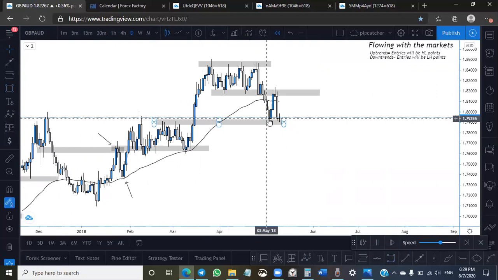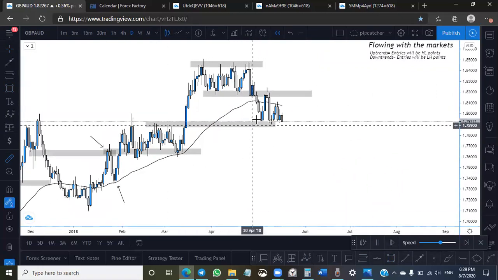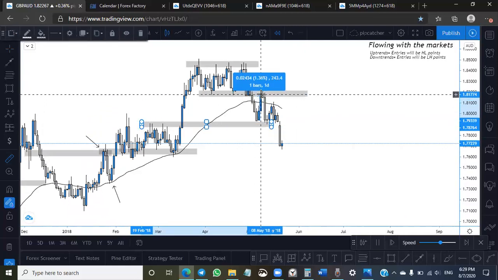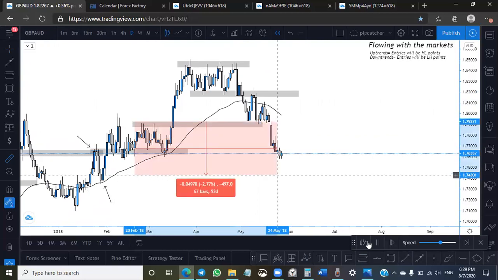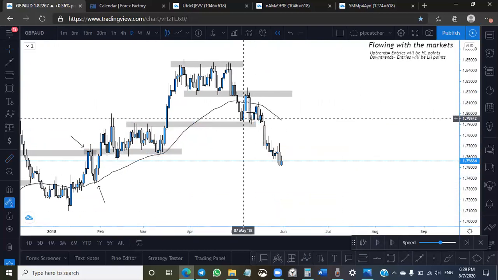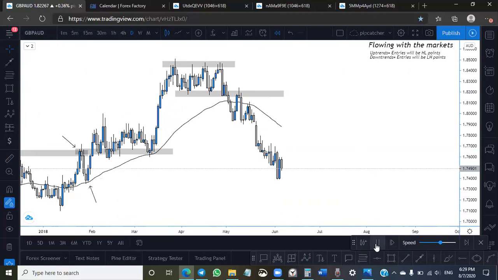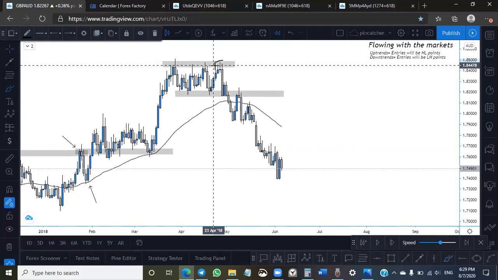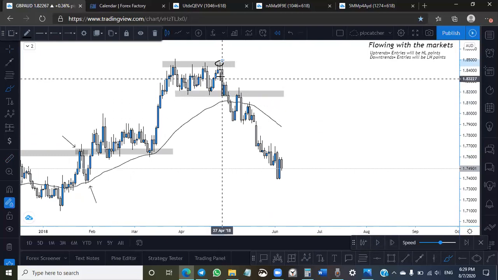Okay, so there was a bounce off of this zone here for about 200 plus pips. And now we see the true direction of the market here. So let me delete this one. Now we see the market, right, has a high, and then we broke structure.